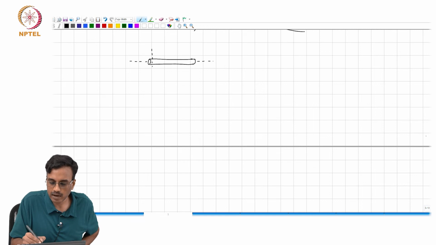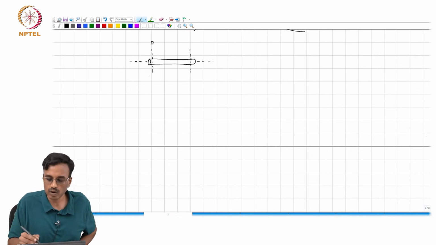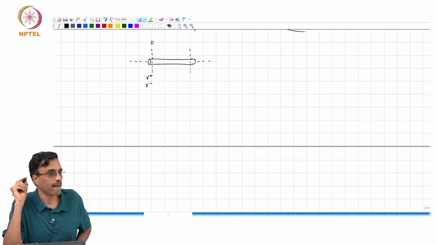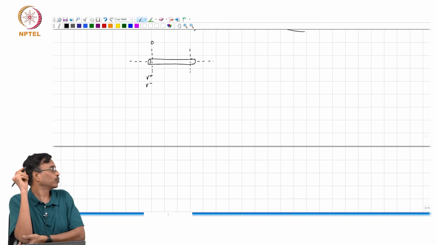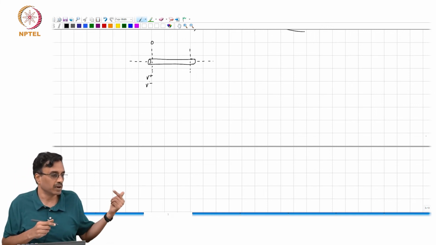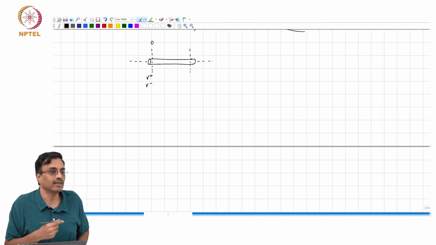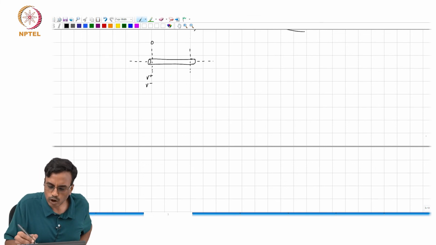So, at some point x, let us say at x equal to 0, we have a forward going wave and a backward going wave, okay. V plus with a superscript plus is often used to denote the forward going wave, and V minus is used to denote the backward going wave, right. And so, what comment can we make?